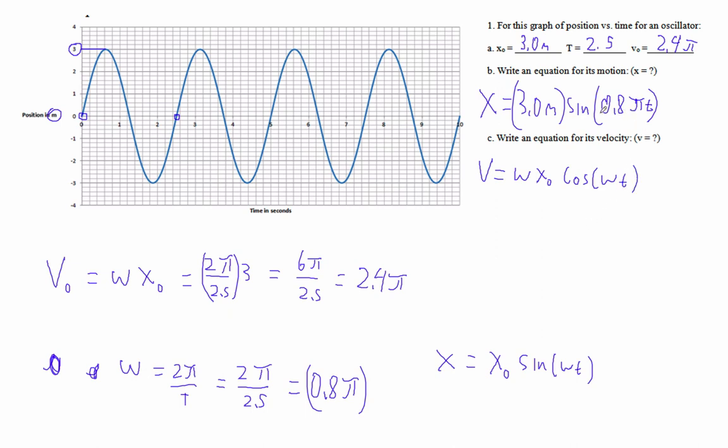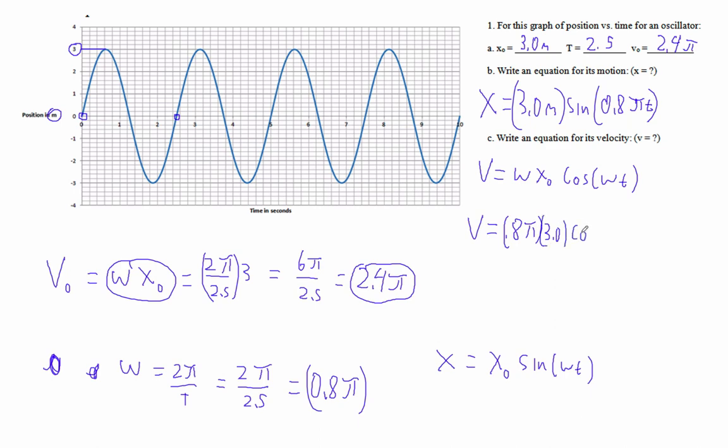Okay, omega, by the way, is still going to be 0.8 pi. So that's easy, right? And then we just got to figure that out. So v is, I think we figured out that the maximum velocity here was 2.4 pi. Well, let's just go ahead and do this. So 0.8 pi, right? And then x naught is 3.